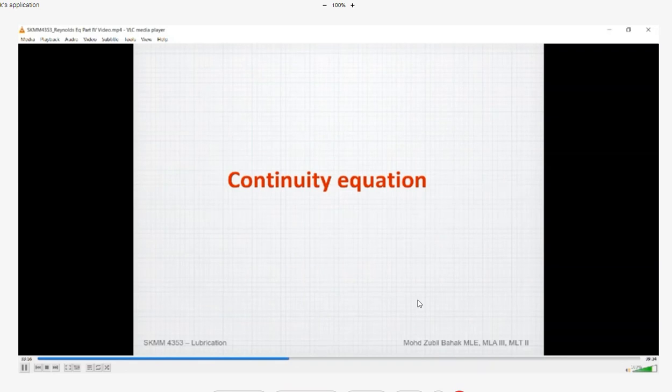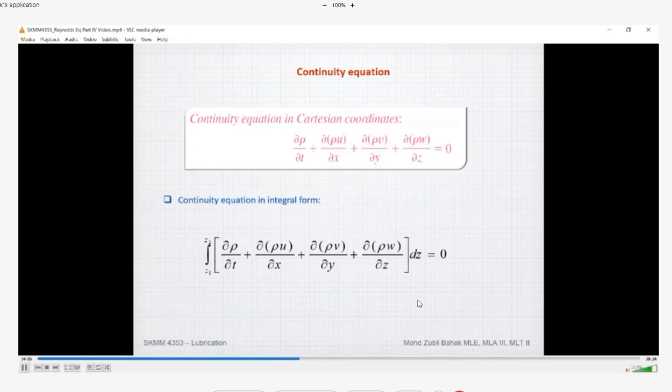Next, we have the continuity equation. We want to join this continuity equation with the velocity equation that we have. If you remember, the continuity equation in Cartesian coordinates is as shown here: partial rho over partial t, plus partial rho u over partial x, and the rest. If we put this continuity equation in integral form, you have the second equation at the bottom there.